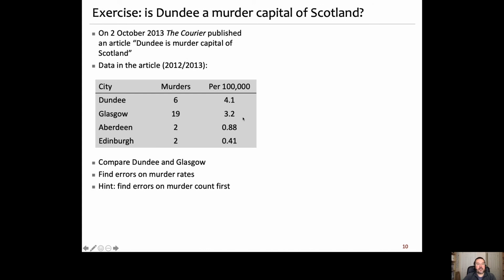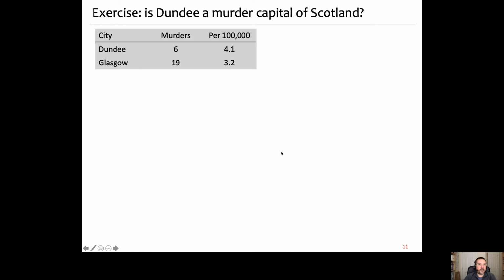So let's try using our knowledge about counting distribution and calculate uncertainties of these counts. I just consider Dundee and Glasgow, just for simplicity at this point. To calculate errors of the rate, I will start with calculating errors of the raw count, because this is the uncertain number. This is the count that follows the Poisson distribution.